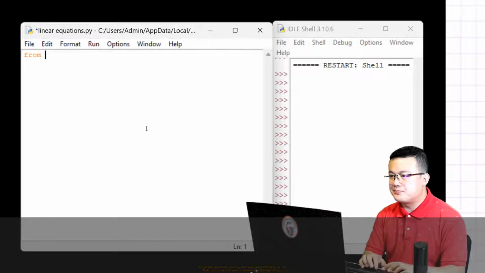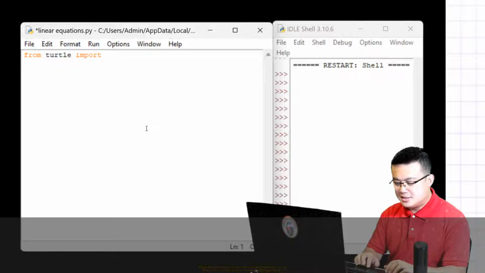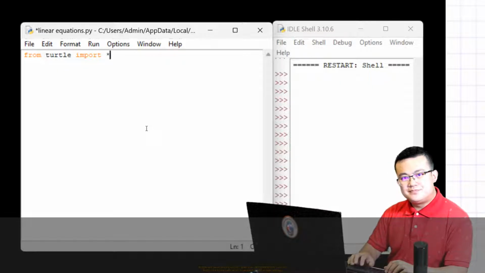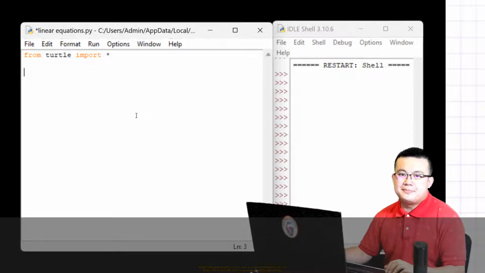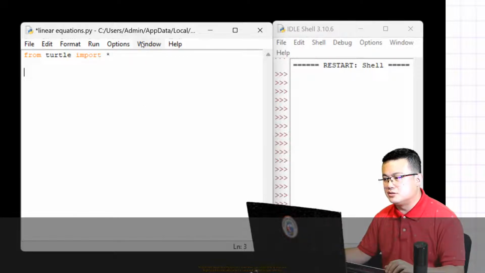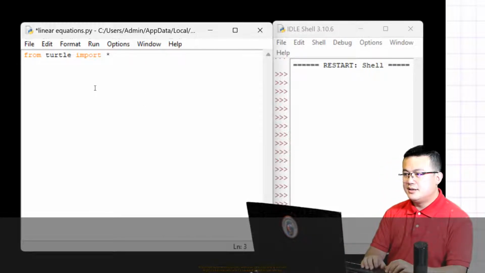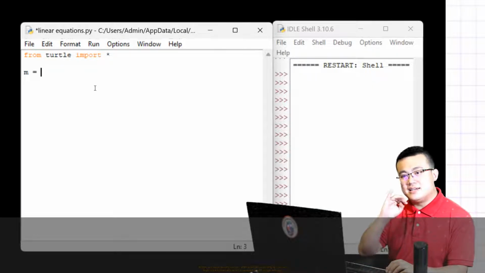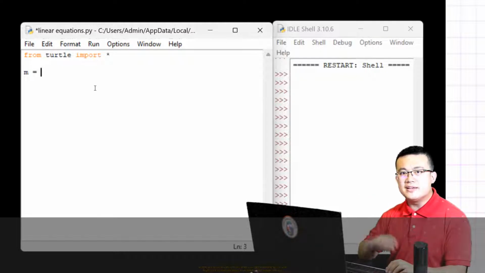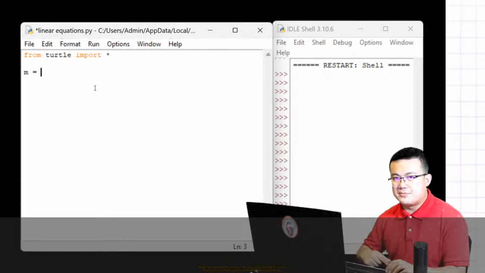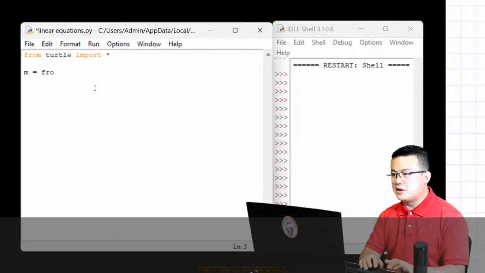So from turtle import star. Import star means that we're importing the whole Turtle class. Okay. M equals, now M, remember, is a rise over run. So it's always going to be a number divided by another number. So it's going to be a float. Okay. So M equals float.